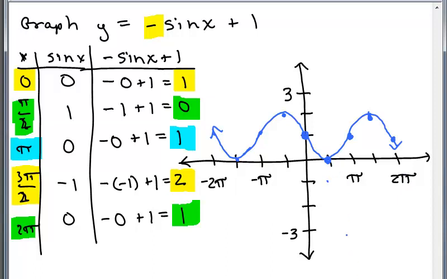It would still be going down, but really stretched out. So if I were doing y equals negative 2 sine x plus 1, it would still be up 1, it would start going down 2 spaces, up through here and then all the way up through here and end up back here. That would be 1 cycle of y equals negative 2 sine x plus 1.